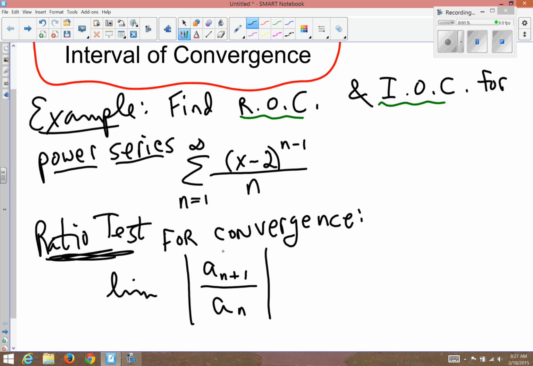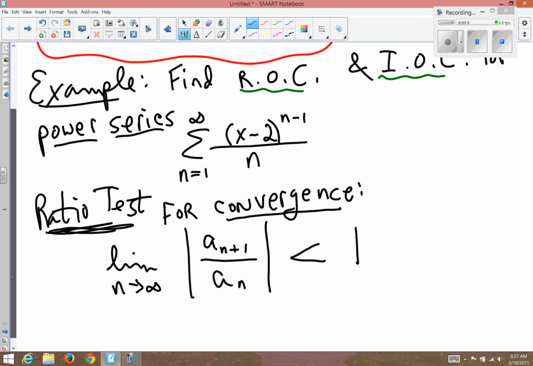We need the limit of this ratio as n approaches infinity to be less than 1, because if the limit of this ratio is more than 1, then we would have divergence. If the limit of this ratio is 1 exactly, then the ratio test is inconclusive.